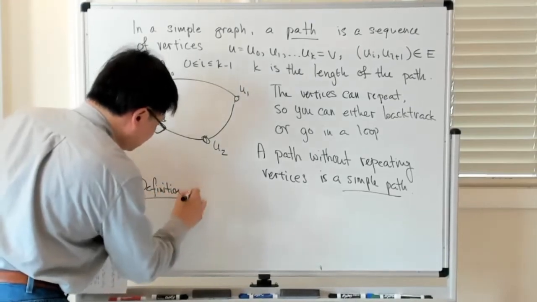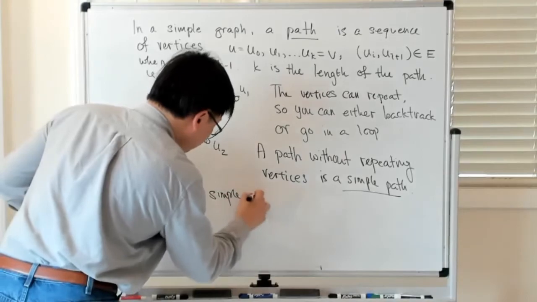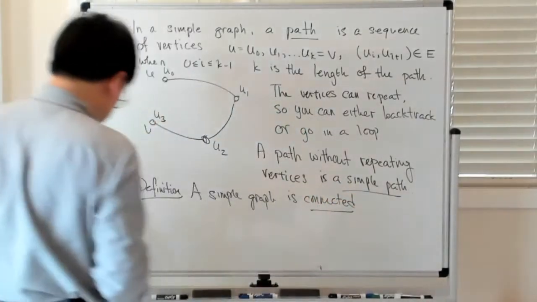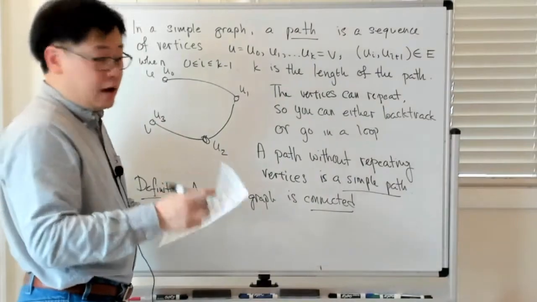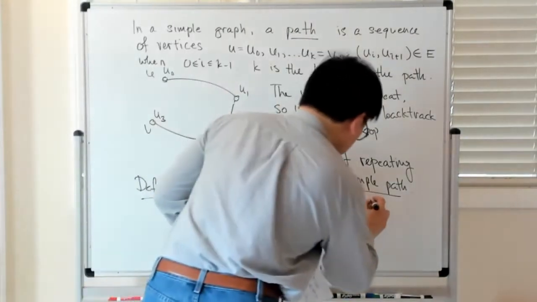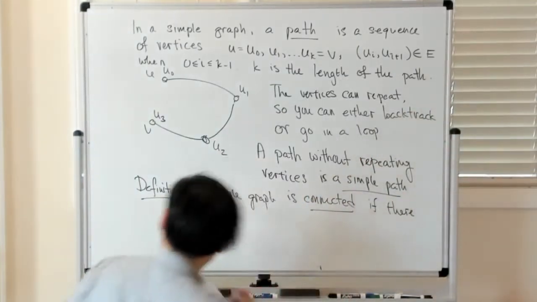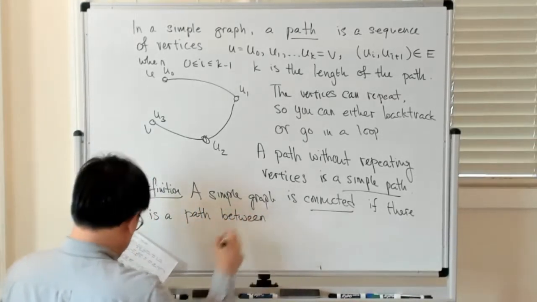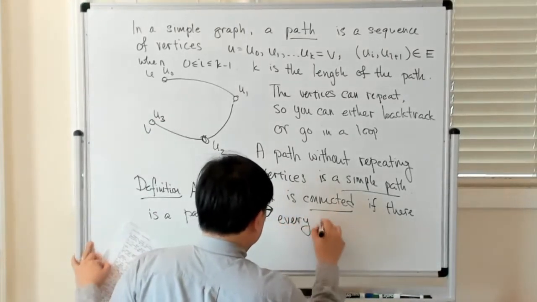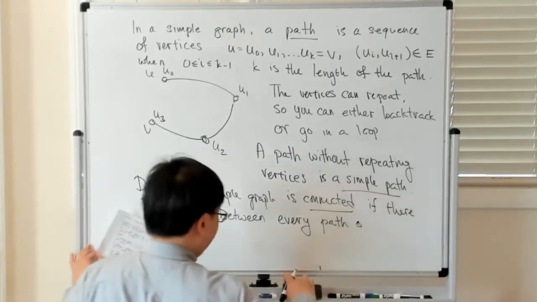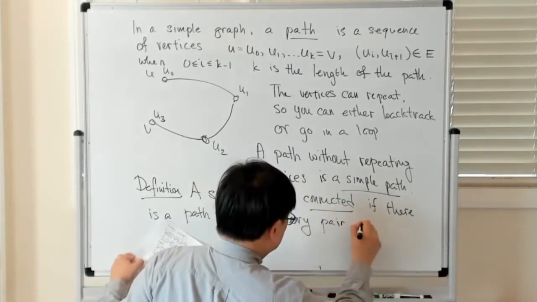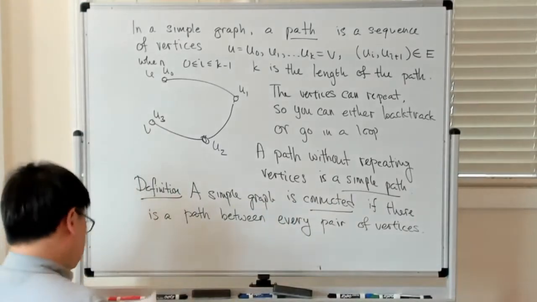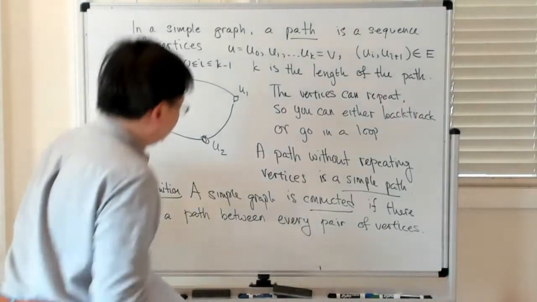Definition: we say a simple graph is connected if there's a path between every pair of vertices, which is again what you might expect.